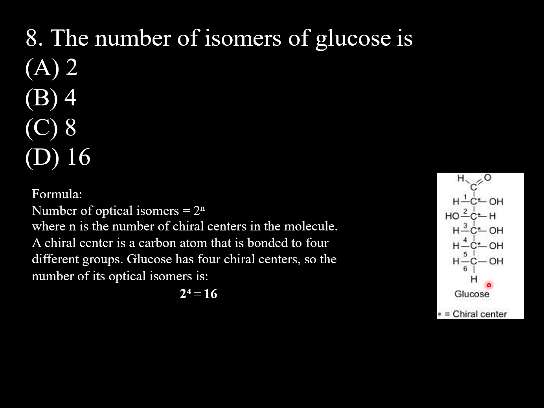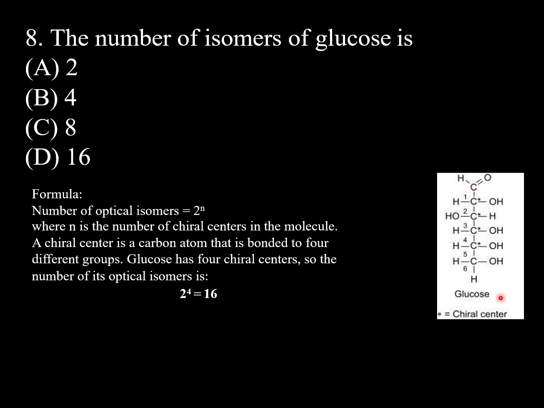The formula is: number of optical isomers equals 2 raised to the power n. What is n? n is the number of chiral centers. What is a chiral center? A chiral center is a carbon which is attached to 4 different groups. If you look at the structure of glucose, you will understand easily.